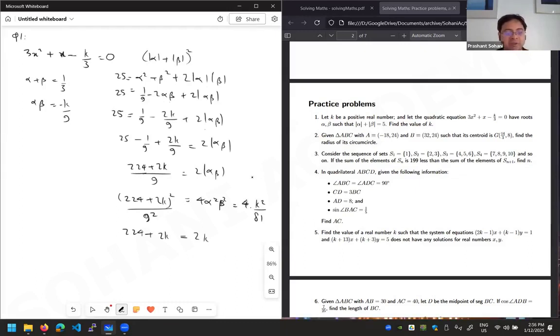Maybe let me check if I made some mistake in haste. It should be 112 plus minus k. When I took this bracket together, 25 nines are 25, minus 1 is 24, plus 2k.